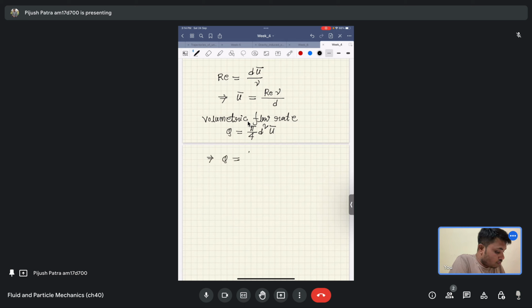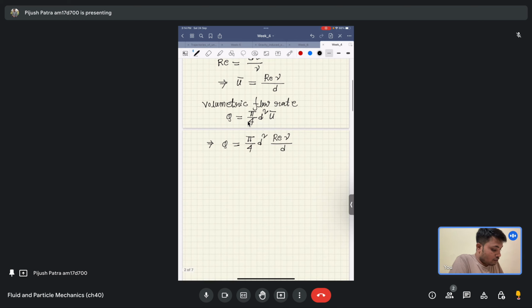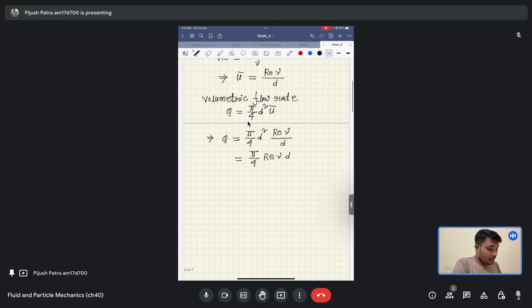Q is equal to pi by 4 d square into Re nu by d, so it is pi by 4 Re nu d. Is that right? I don't think there is any confusion in this. Now we need to just put the data in and get it done.